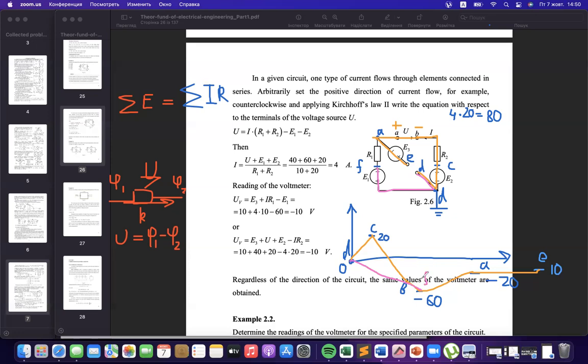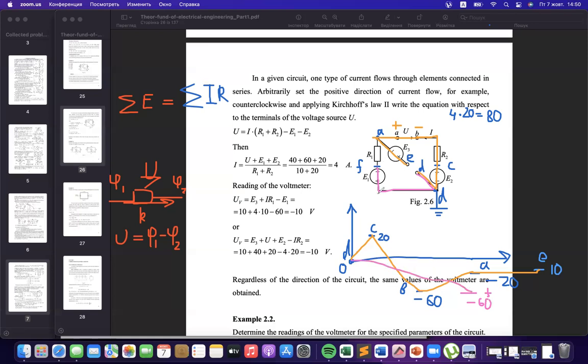Point F will be the same potential as point B, as we see. Just the number is the same because of the characteristic of elements. It will be another point, but with the same value. Minus 60, point F.